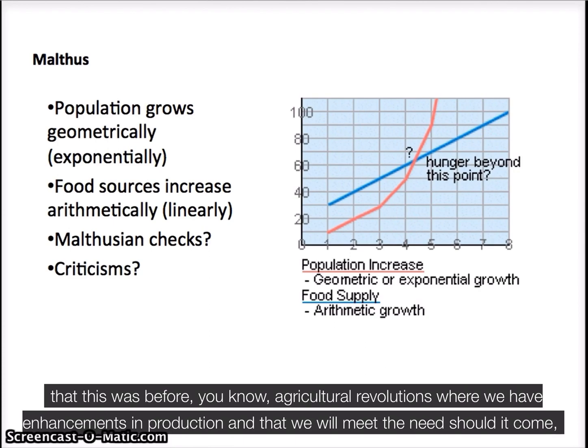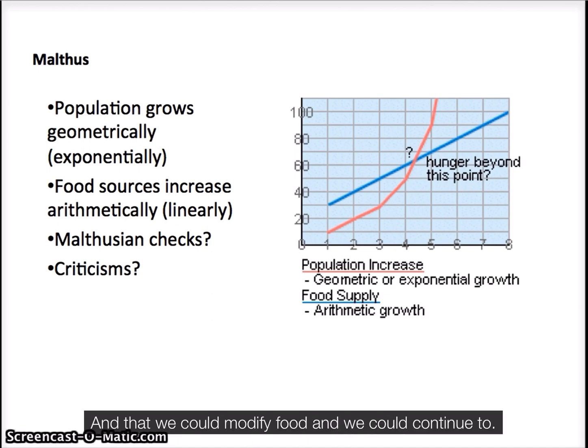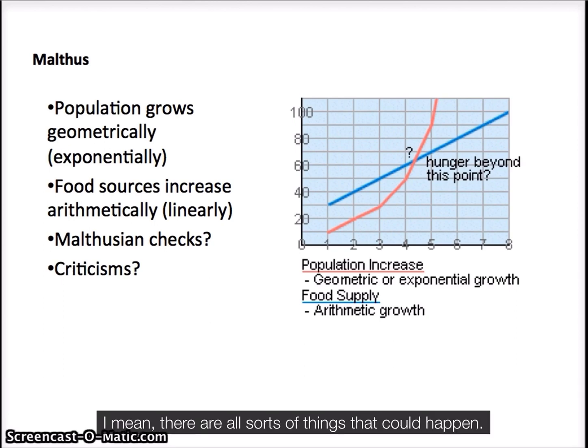That this was before agricultural revolutions, where we have advancements in production, and that we will meet the need should it come, and that perhaps it has more to do with food allocation rather than the sheer number of things we're growing, and that we could modify food, and we already do this, but we could continue to genetically modify, grow things in water, grow things in space. I mean, there are all sorts of things that could happen.